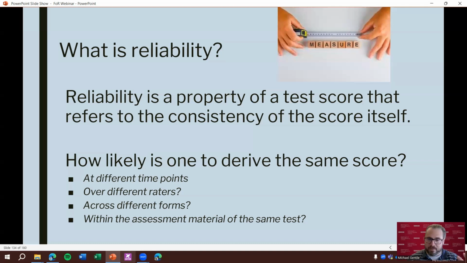And within the test should be accurate. So if the test is all testing the same thing, the items should be comparable to each other so that the student isn't getting a wildly different score on one part of the test versus another part of the test. All of these things feed into reliability. The MTEL is going to ask you to define reliability at some point.